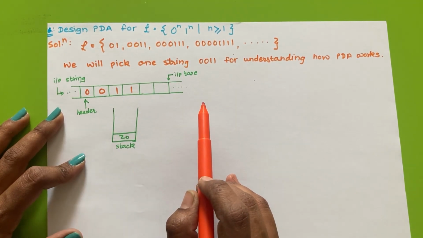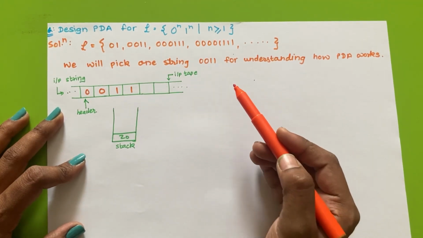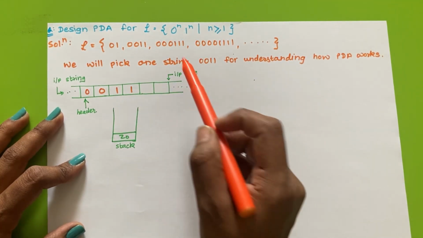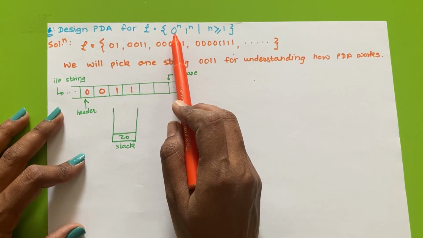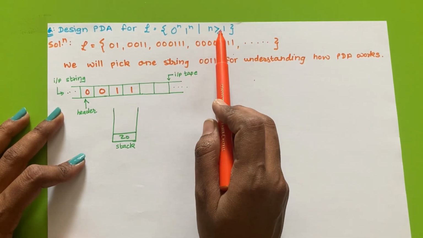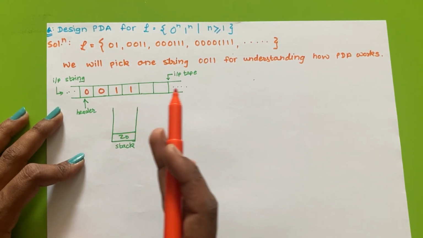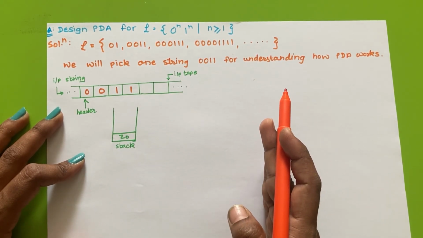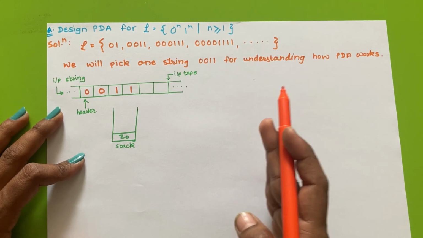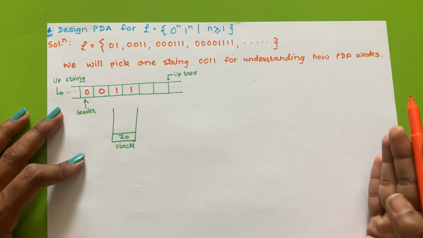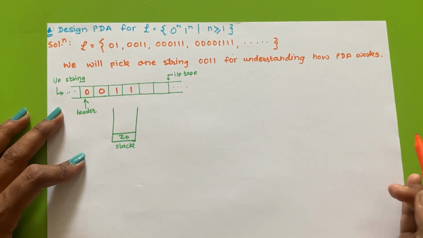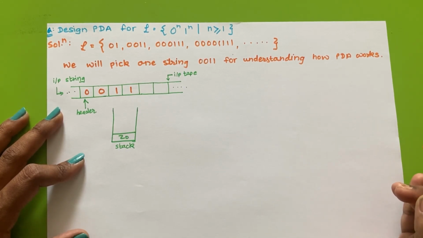We have to accept all the strings that start with all zeros followed by an equal number of ones. So we have to check that we first have all zeros, and after finishing all zeros we have an equal number of ones.